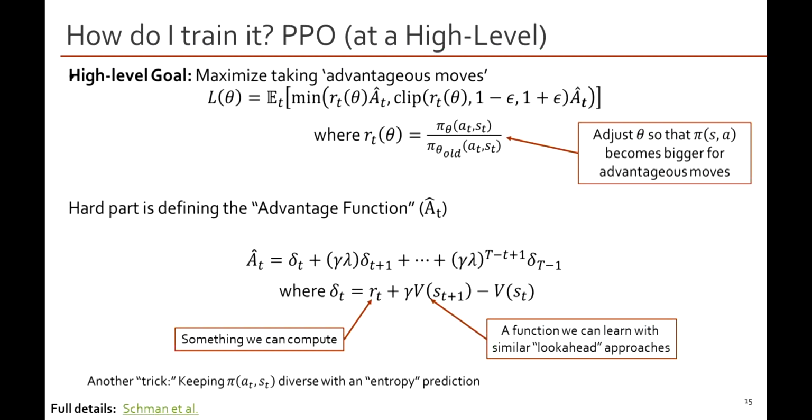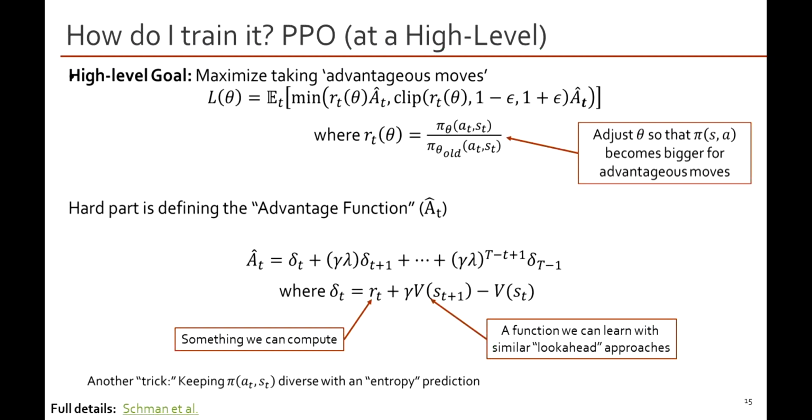Instead of learning a Q function to define the value of a move, they use the so-called advantage, which is defined by looking at the values of moves in advance. They also use a clipping function to ensure their policy doesn't change too much between steps. They also use this conservative function where they normalize the amount of change that's going to occur by how probable we thought this move was going to be in the first place.